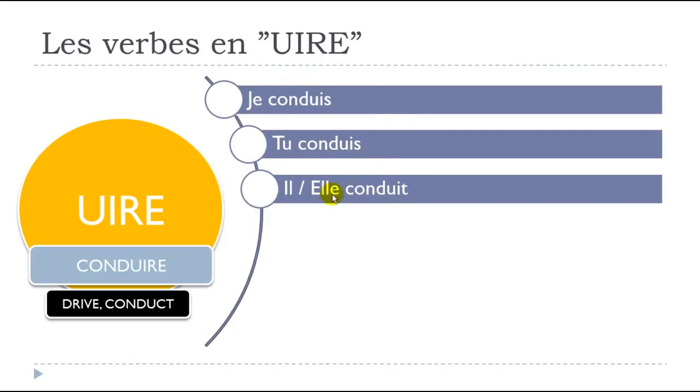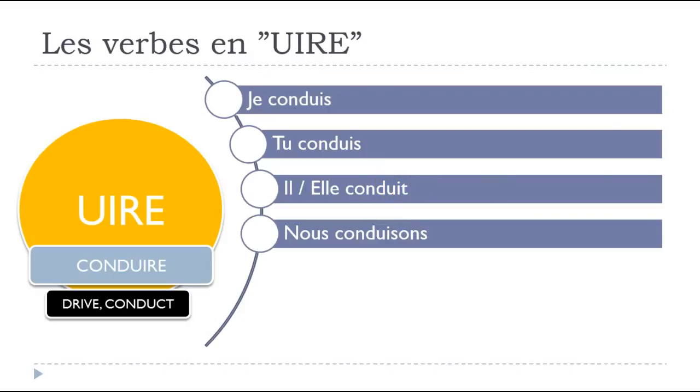Keep in mind that you pronounce them the same way. Let's see how it will go for nous. It's actually not that difficult, but most of you maybe would like to see an r here. No, it's not the case because it will become s. Nous conduisons.